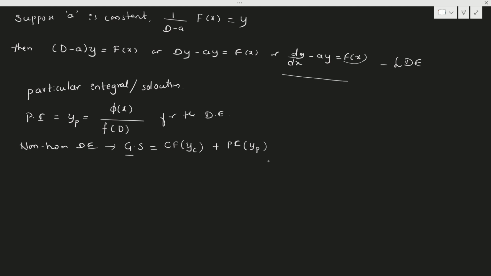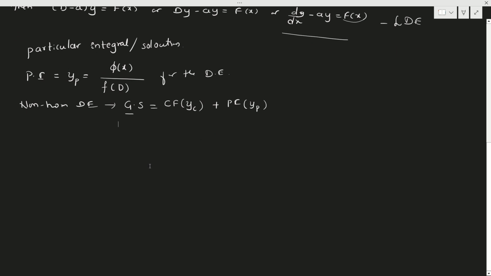We'll discuss both forms in brief. Let us recall that you already know how to find the complementary function. We have to solve non-homogeneous differential equations in two stages. In stage 1, we have to find the complementary function.